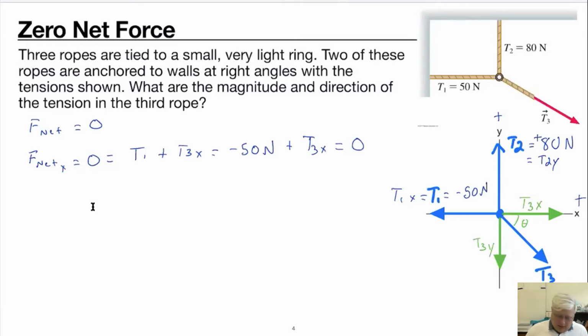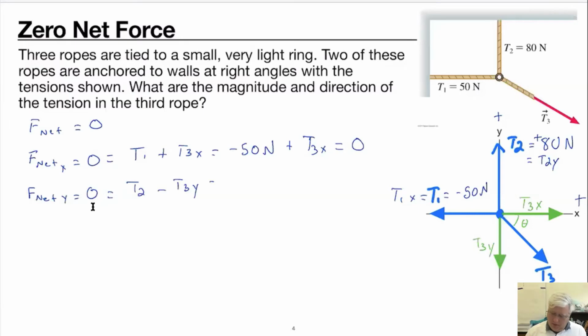And then the net force in the y direction will also be 0. And so what are those? Well, we have T2 and T3y. For T3y I'm going to put minus T3y, because T2 is in the positive y direction and T3y is in the negative y direction.